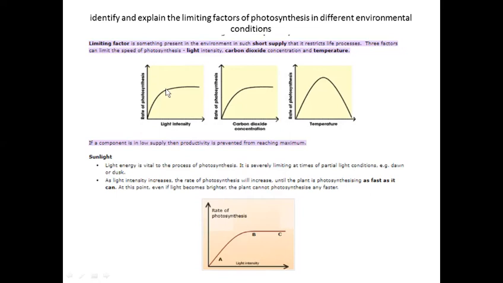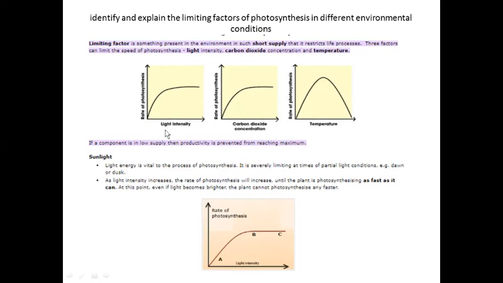After that, if the light increases further, that might be dangerous. That's why this line becomes horizontal like this. And this line shows that light is a limiting factor. Why? Because the plant gets a sufficient amount of light to proceed with this reaction. So at this minimum amount of light, this process is going to be constant. That's why light is considered a limiting factor.